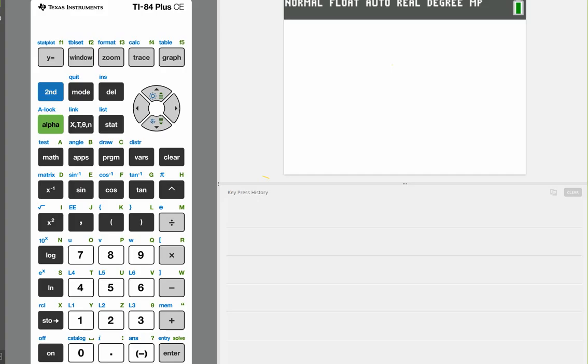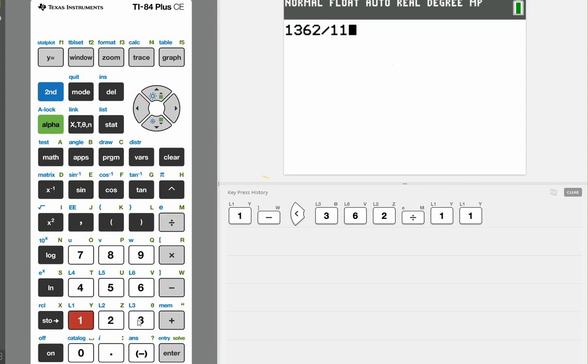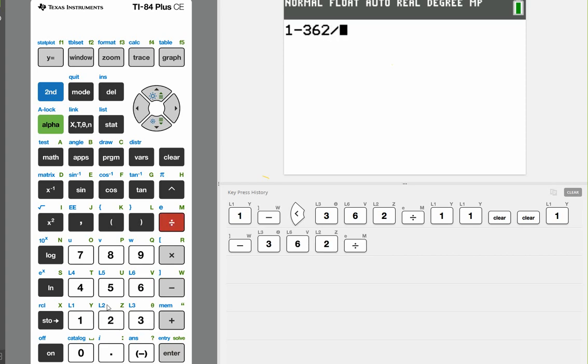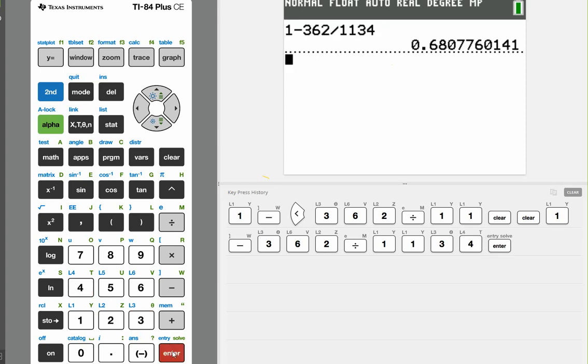If you have a graphing calculator, if I did 1 minus 362 divided by 1134, I'm missing this terribly. Let's try again. 1 minus 362 divided by 1134 gives me a decimal value.